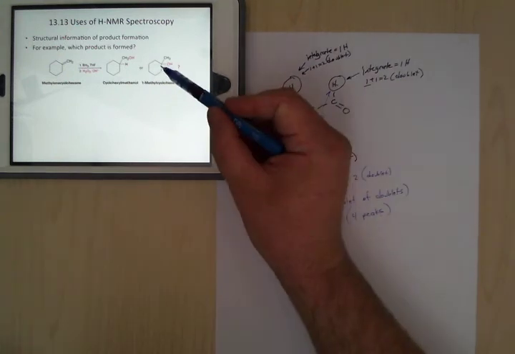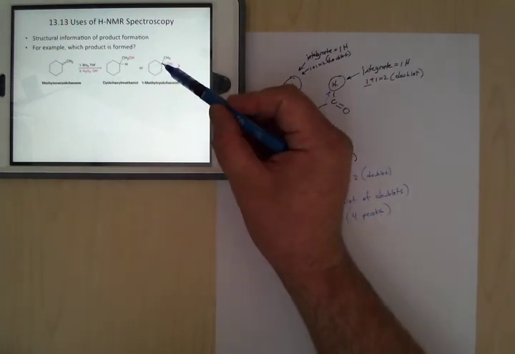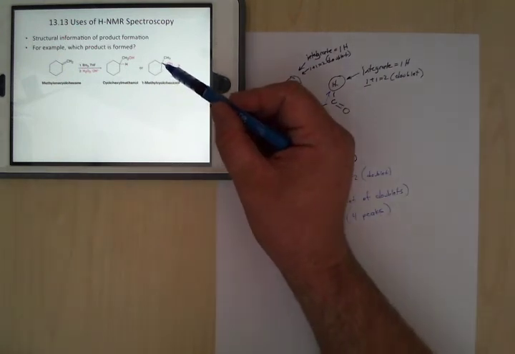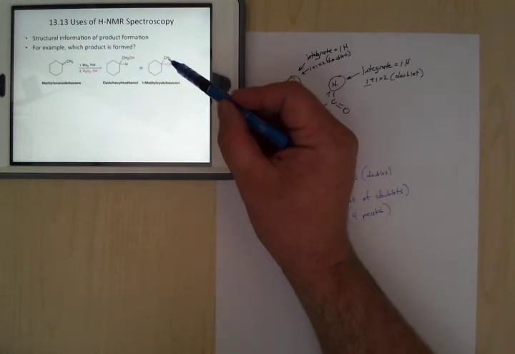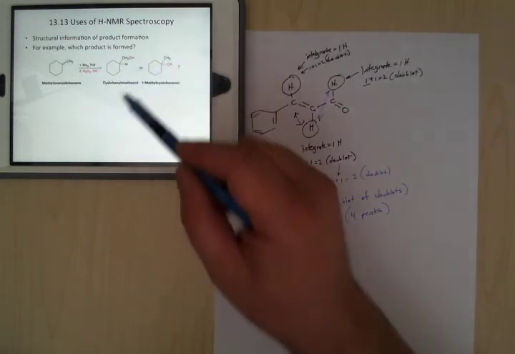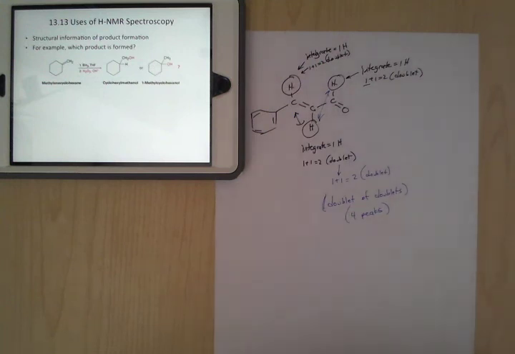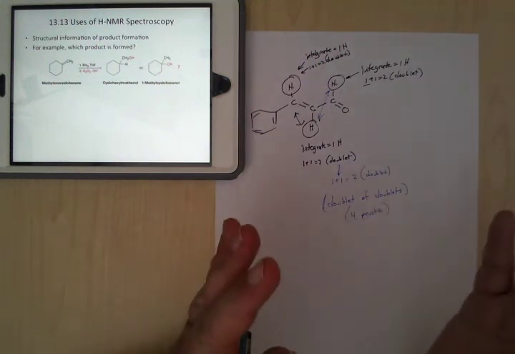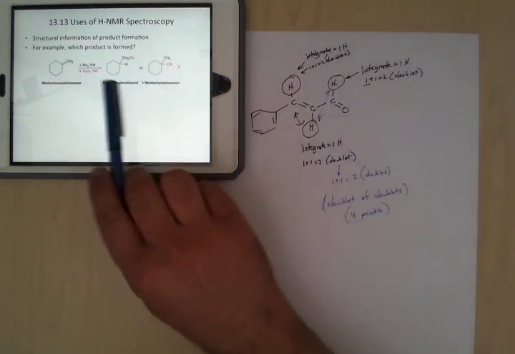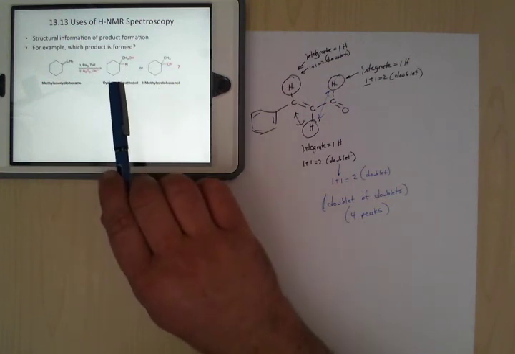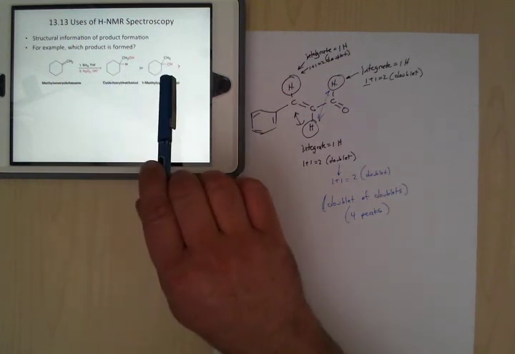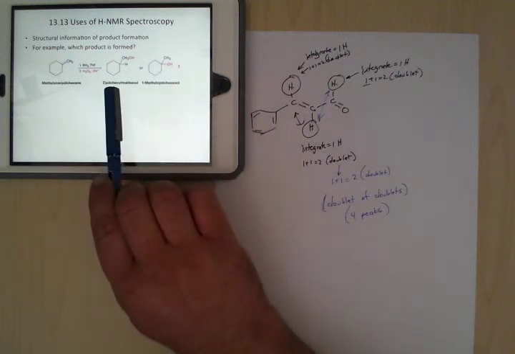But this one here, you're not going to have any CH integration, so you're not going to have anything integrate to one, but you're going to have a big CH3 integration, which isn't here. So if you just look at the integrations, you don't even have to solve the molecule; you'll be able to know which one it is. This one is going to have a CH3 integration but not a CH. This one is going to have a CH, but not a CH3 integration.